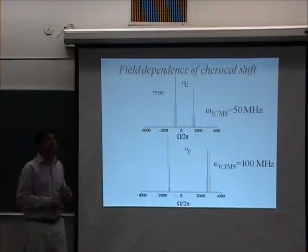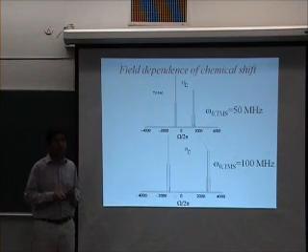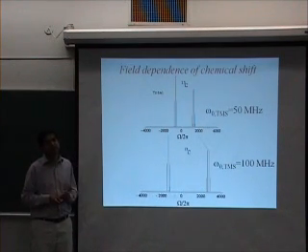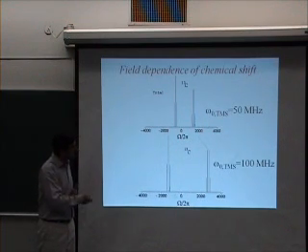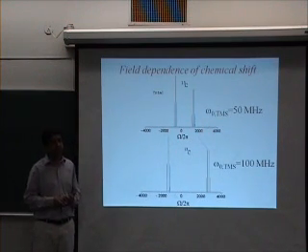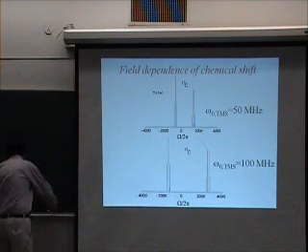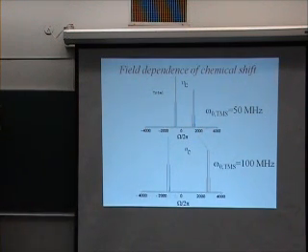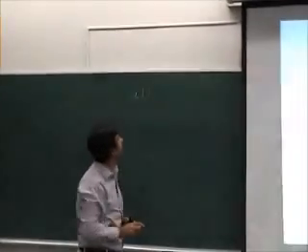So this means that every spectrometer will have its own frequency axis. But in order to calibrate against a common reference, this frequency scale is normalized, and it is normalized in the following way. So we take our Larmor frequency of interest, omega naught.